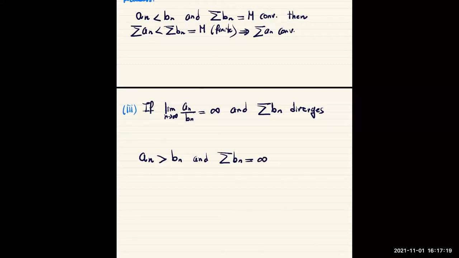It's divergent. Okay, let's look at the conclusion then. By that inequality, the summation of a sub n is going to be greater than the summation of b sub n, which was infinity. Anything bigger than infinity is got to be infinity.